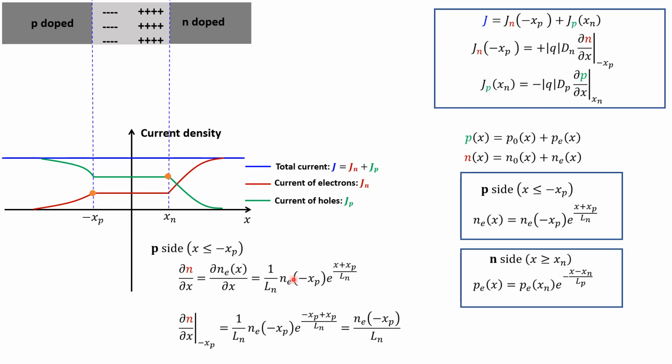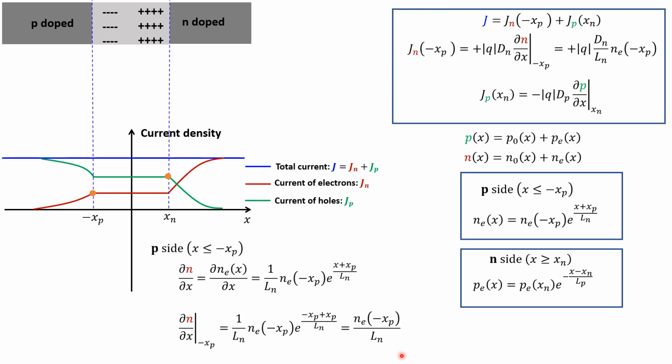So we only need to replace this x with minus xp, as we've done here. We're going to get a 0 here, the exponential will be 1, and we end up with this expression for this derivative evaluated at the point minus xp. Using this expression over here, we get this expression for the current of electrons evaluated at the point minus xp, so for this current over here.